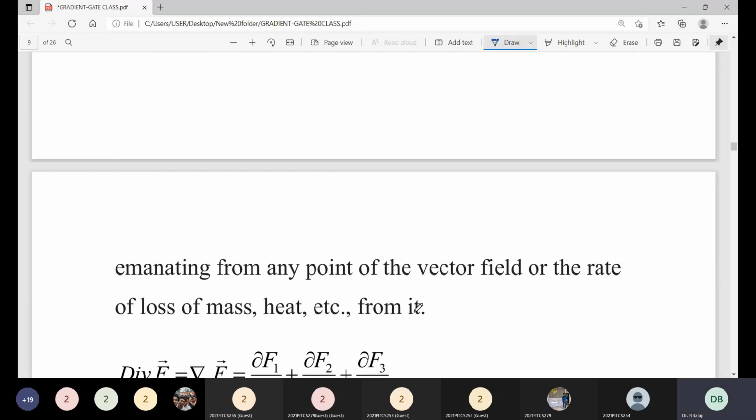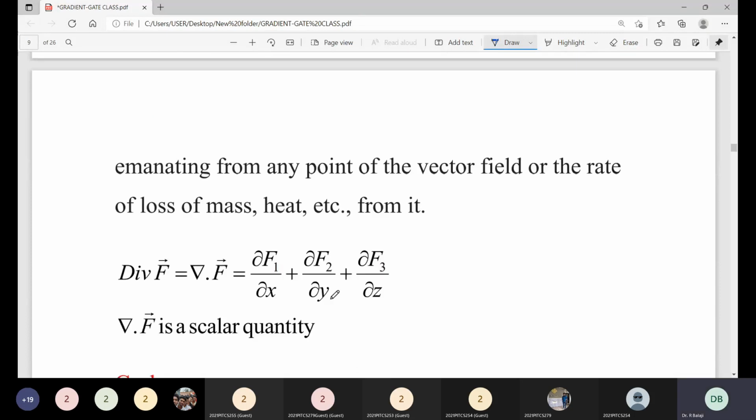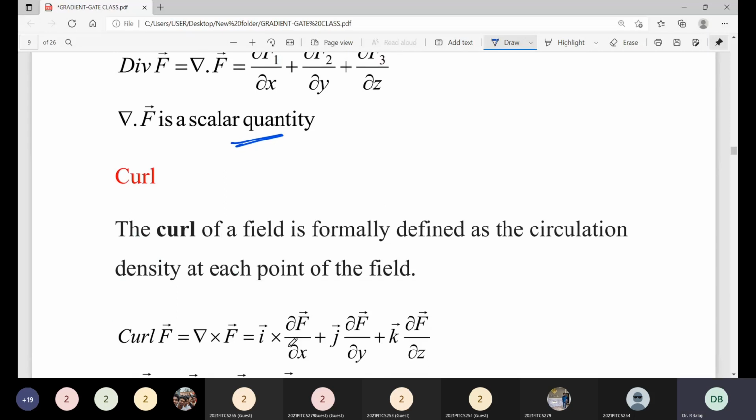So, divergence of f is del dot f, which is equal to ∂f1/∂x plus ∂f2/∂y plus ∂f3/∂z. So, del dot f vector is a scalar quantity. Next, curl.